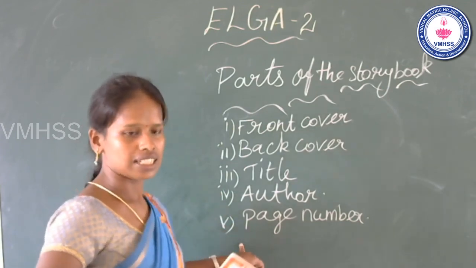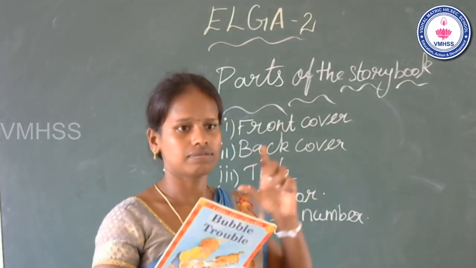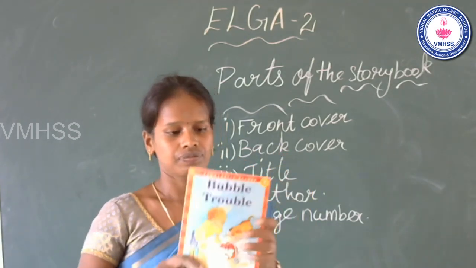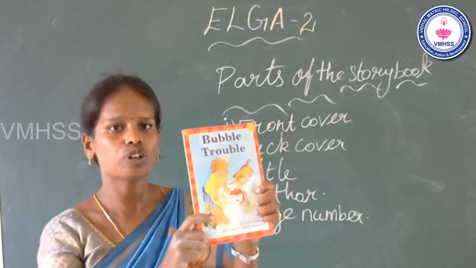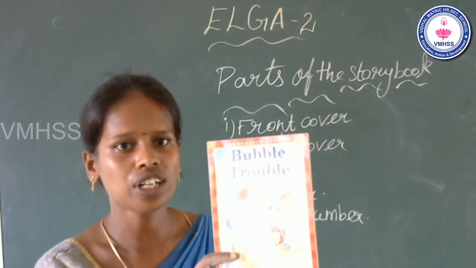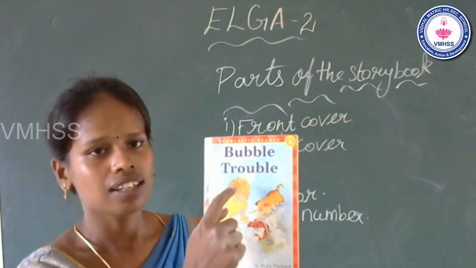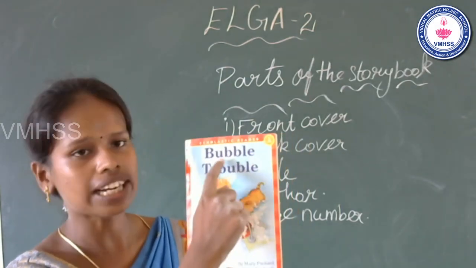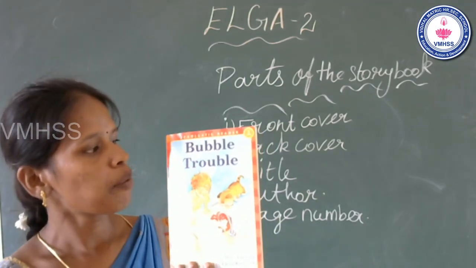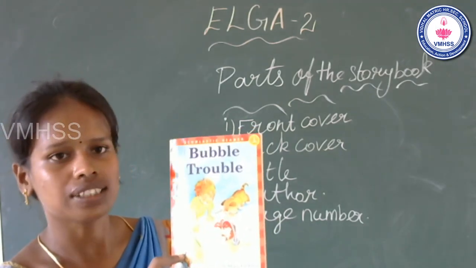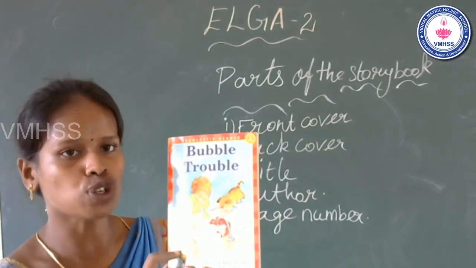Okay, students, see the storybook. First you will find the title of the story. What is the title in the storybook? Bubble Trouble. This is the title of the storybook.